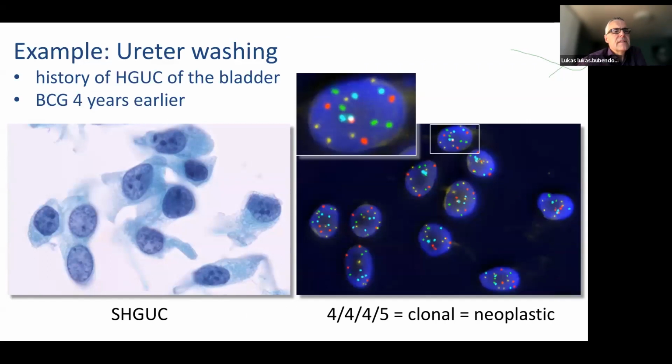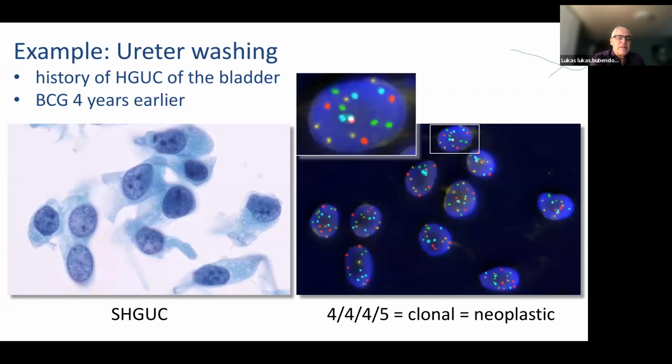That's another recent example. This patient has a history of high-grade urothelial carcinoma of the bladder. So there is a pre-test increased probability of being positive. But when you look at the cells, and that was the ureter washing, several years after the bladder cancer, the patient had BCG, and now there was some new evidence.